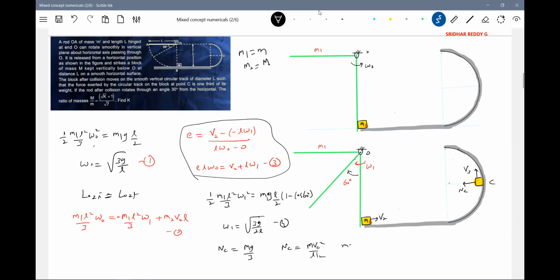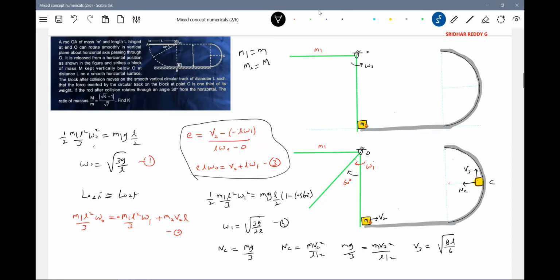So this will become mg by 3 equal to m vc square by L by 2. So therefore vc should become equal to root GL by 6. After getting this, V3, I'll write it. Then I'll apply between these two.